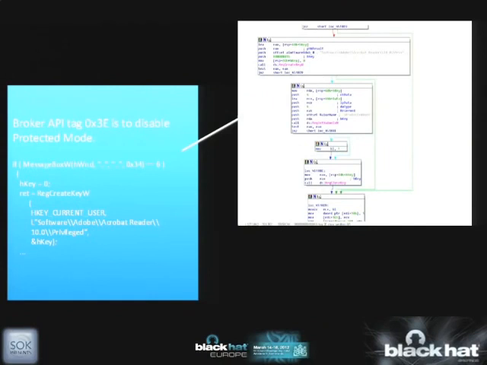So for example, we found in a service context structure a pointer to the dispatcher structures. And one of these dispatchers has tag 3E.